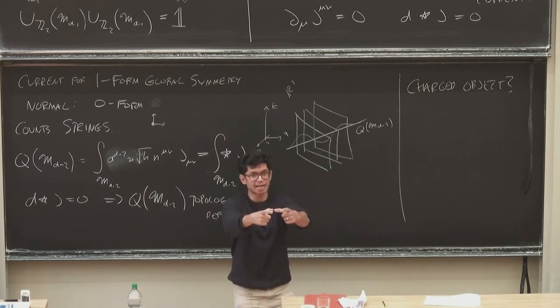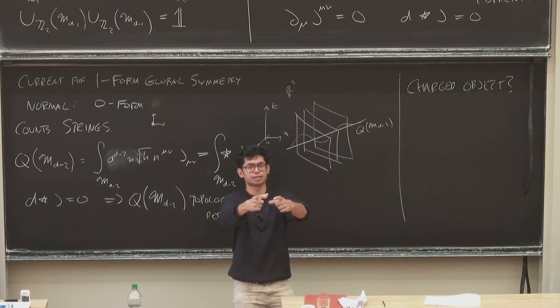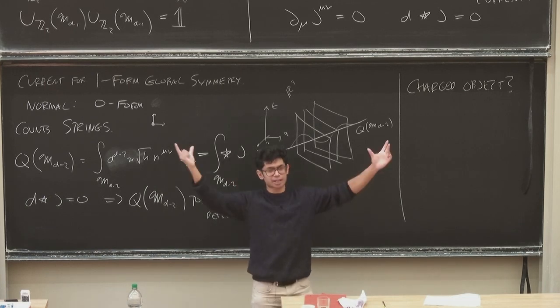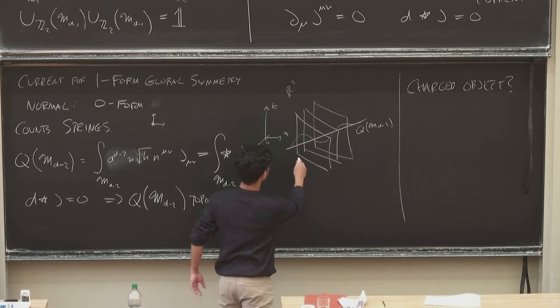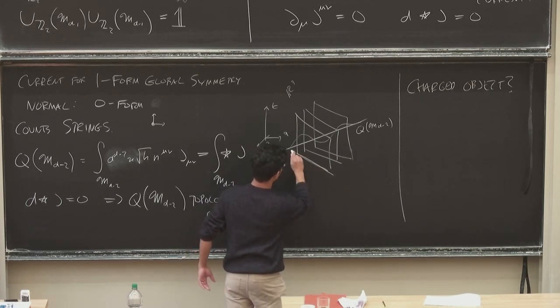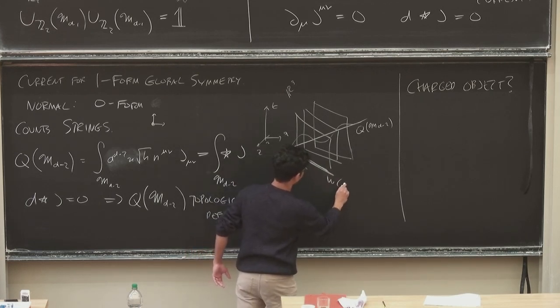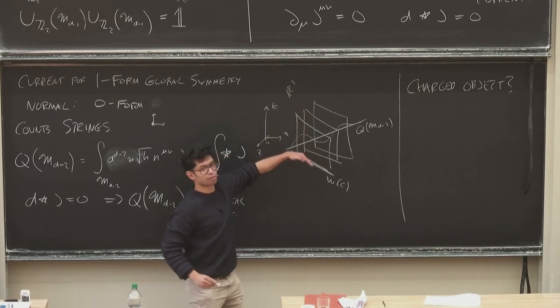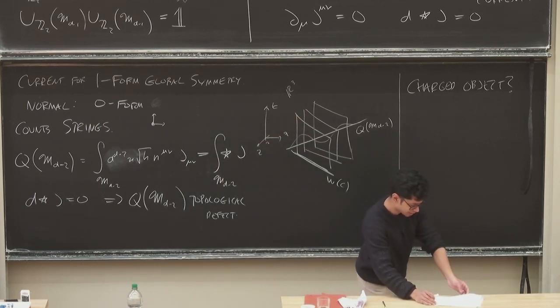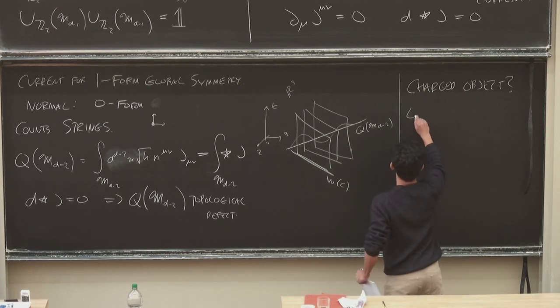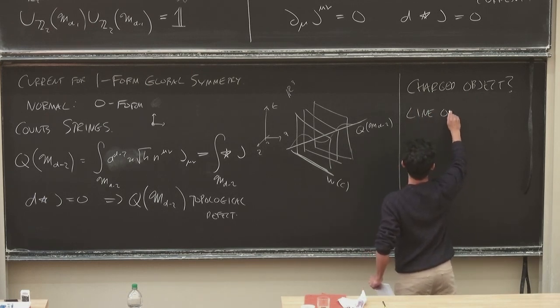You act with a line operator which says, I am creating a string along this line. And you let it go, and the string does its thing in time and does whatever it wants. In other words, the thing that creates a string is a line operator. You can imagine it as the boundary of one of these two-dimensional string worldsheets. So the charged object is a line operator defined on a one-dimensional curve.